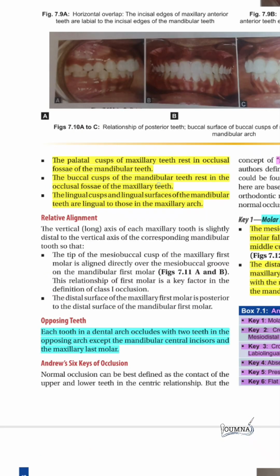The buccal cusps of the mandibular teeth rest in the occlusal fossae of the maxillary teeth. The lingual cusps and the lingual surfaces of the mandibular teeth are lingual to those in the maxillary arch, which means that the maxillary arch encompasses the mandibular arch.